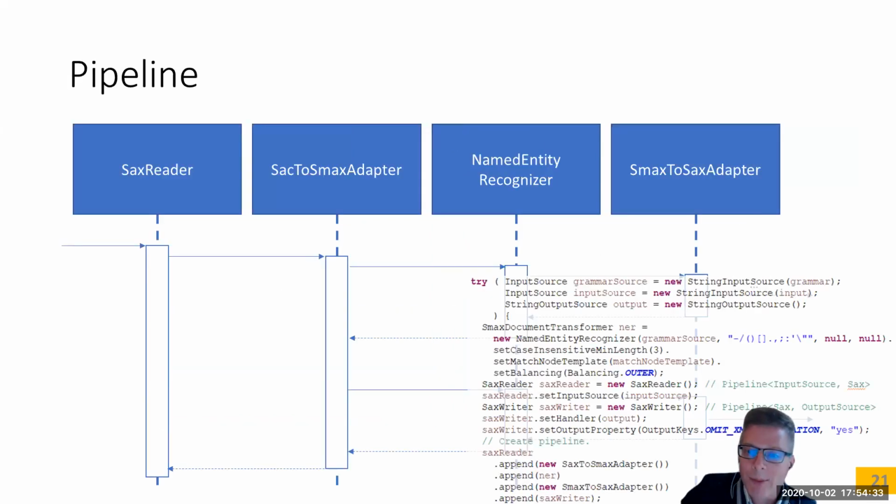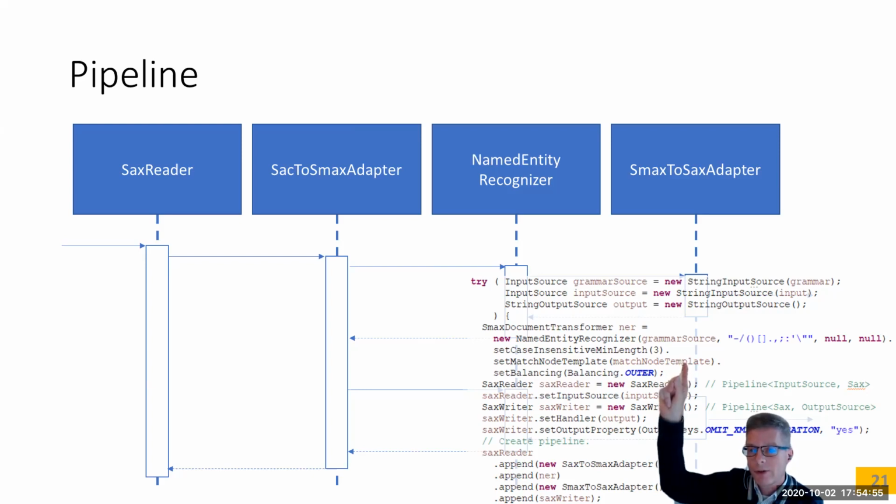Now this is what a pipeline looks like in code. So here we have a SMAX document transformer NER, which is a named entity recognizer, which uses a grammar source, which is an input source. In this case, as you can see up there, it's a string input source.